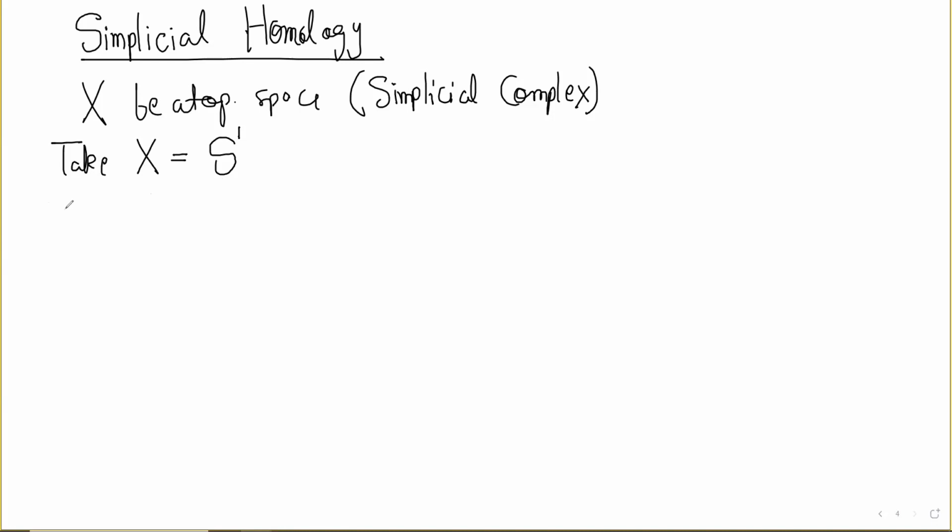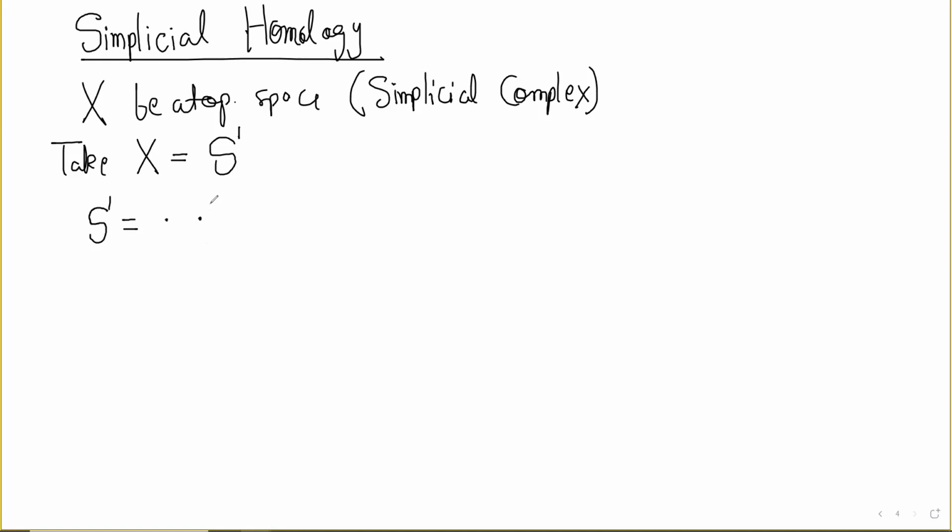Now we want to do something like the CW complex decomposition, but something simpler than that. So we will say that S1 is a point union... Oh, no, sorry, I cannot do this because I'm in simplicial homology.